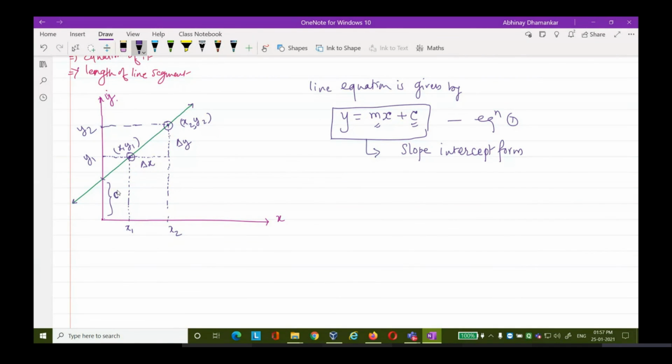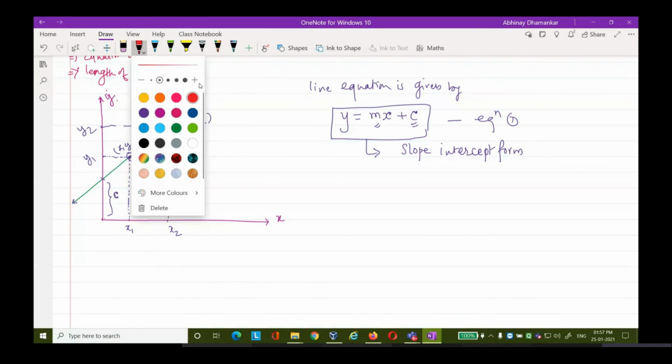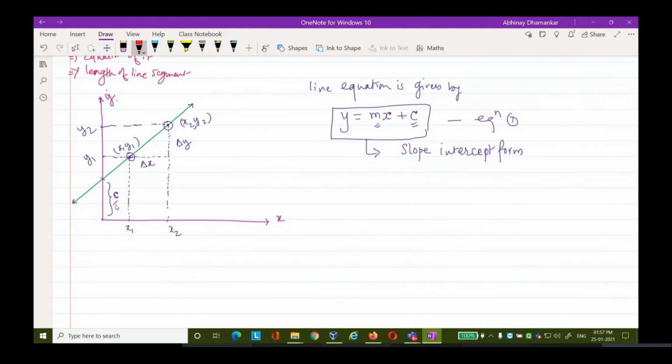See here, this is the y intercept. If you observe carefully, this c is this one. And m is the slope.